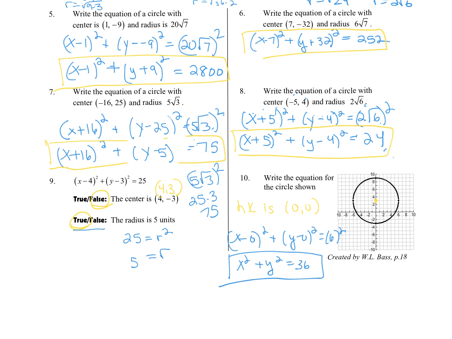Number 10, write the equation for the circle that is shown. So our HK should be 0, negative 3.